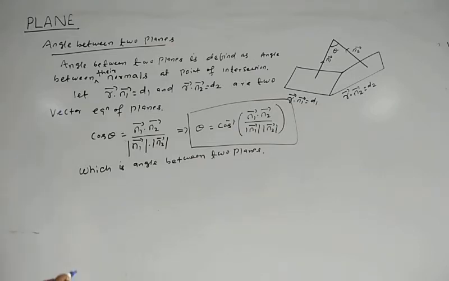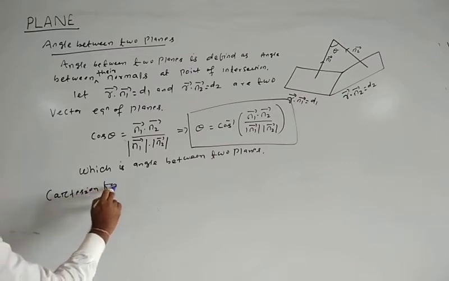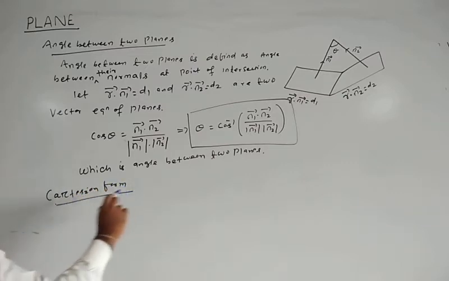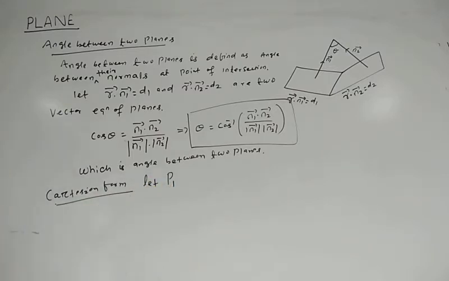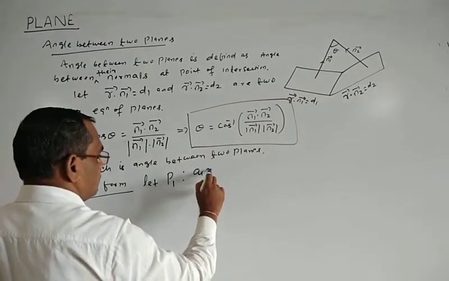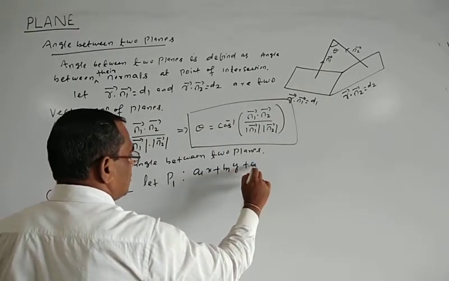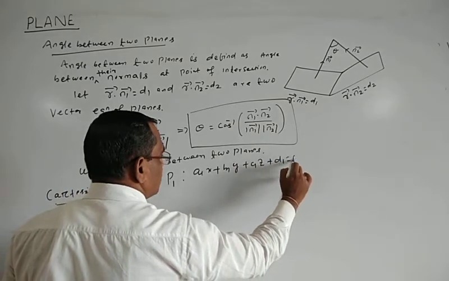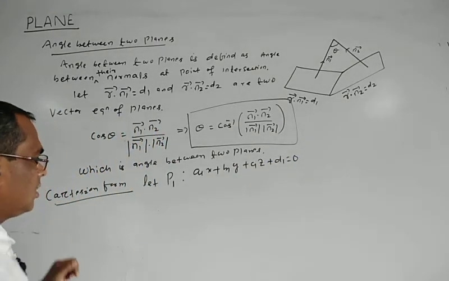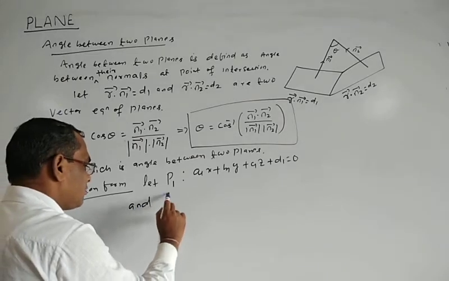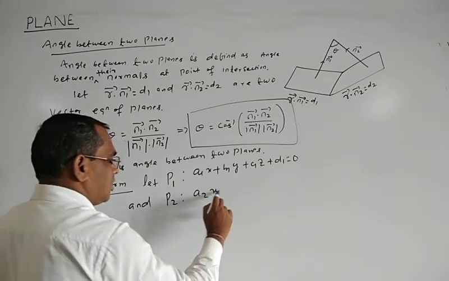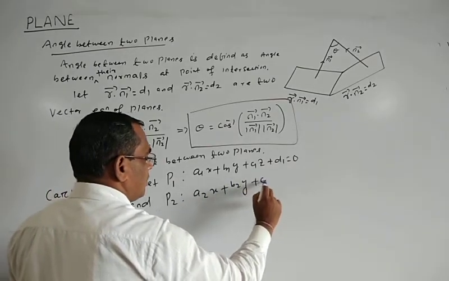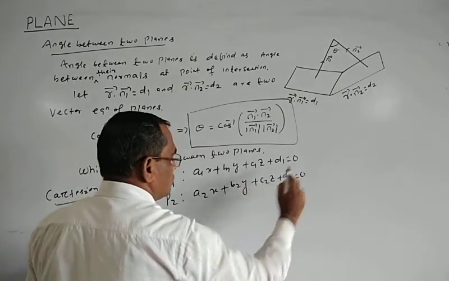and its Cartesian form. First we take these two planes. Let P1 represent the first plane, A1x plus B1y plus C1z plus D1 is equal to 0. We take its general form. And P2 represents the equation of the second plane, A2x plus B2y plus C2z plus D2 is equal to 0.